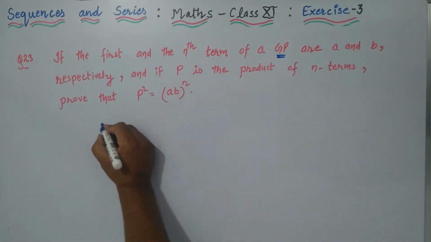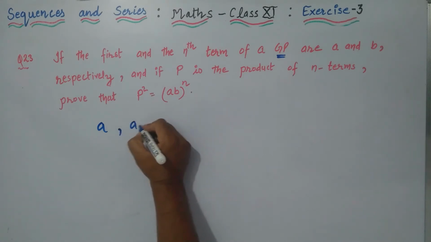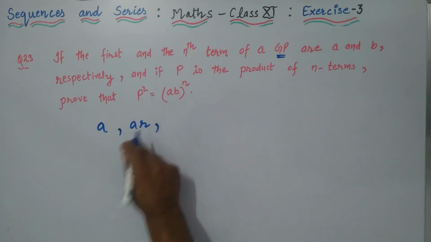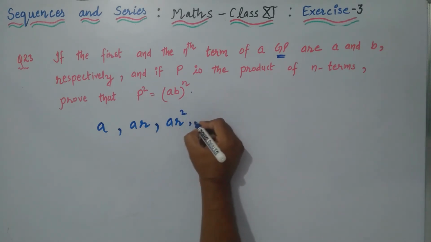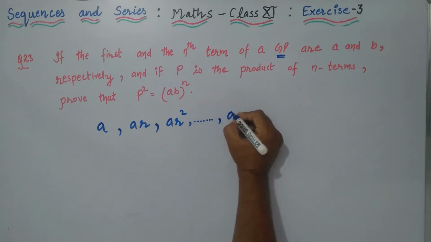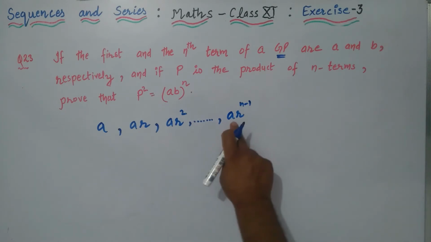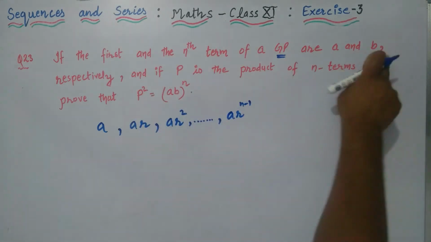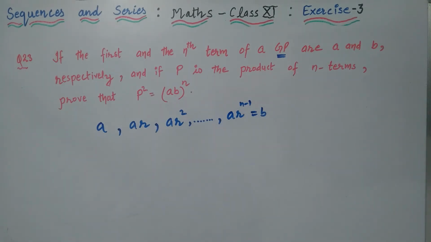A is the first term. Suppose second term is AR, R is the common ratio. Third term is AR square. Likewise proceeding so on, nth term will be equal to AR power n minus 1, but nth term is given to be equal to B.